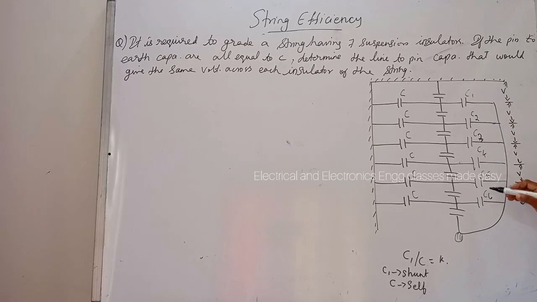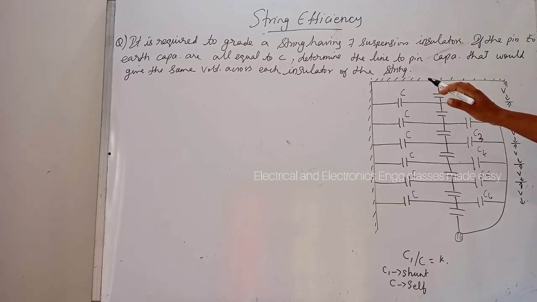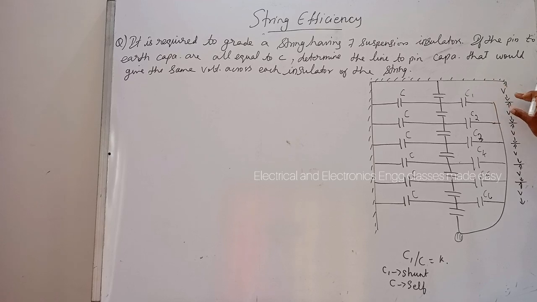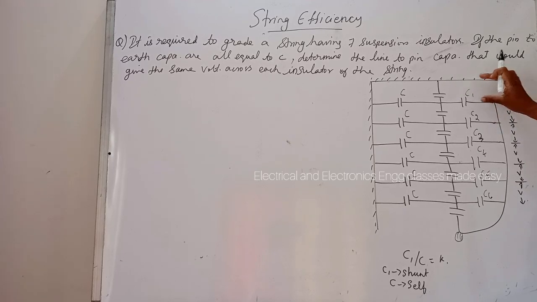So these shunt capacitances we have to find, and also it is given that the voltage across each insulator of the string is the same. So voltage across each insulator is equal to V volts.